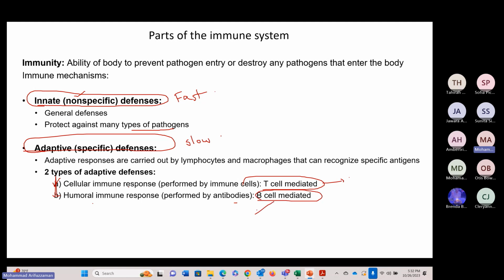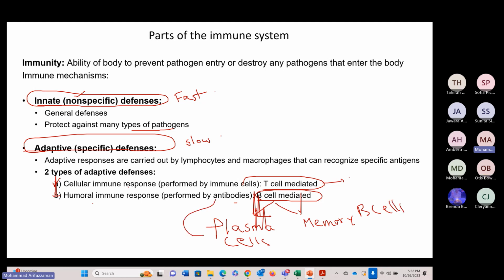The B cell differentiates into plasma cells and memory B cells. Memory B cells provide future immunity, and the plasma cells secrete antibodies.